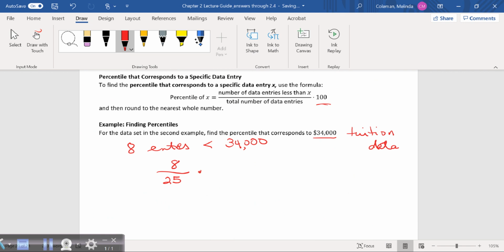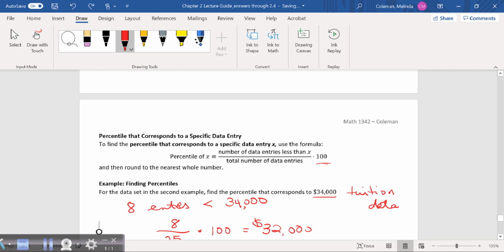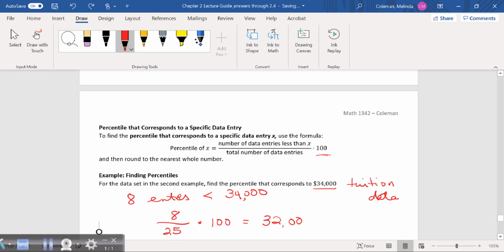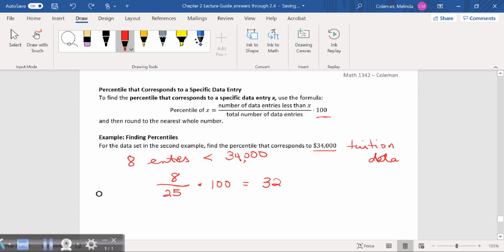We're going to multiply that by 100, and when we do, we get 32, which of course would be 32,000, since we're talking money. Oh, no, we're not talking money. That's a percentile, not money. Sorry. Got you all confused now. This is the 32nd percentile.